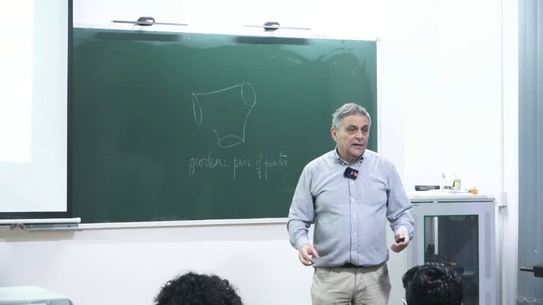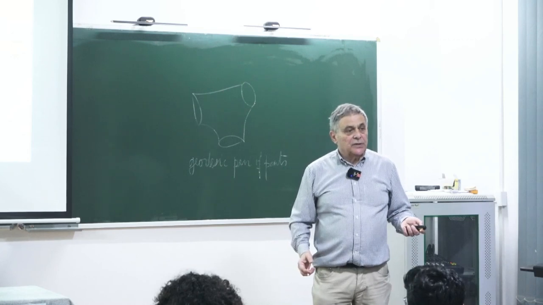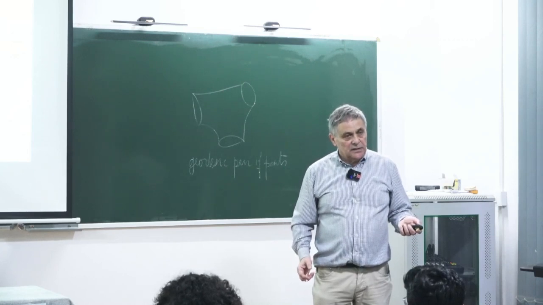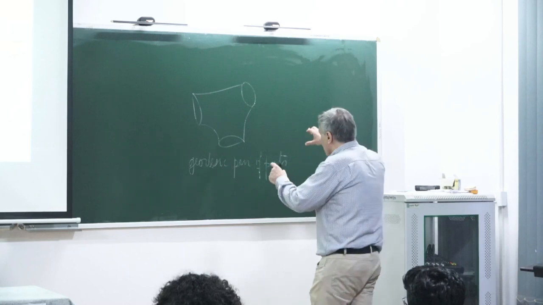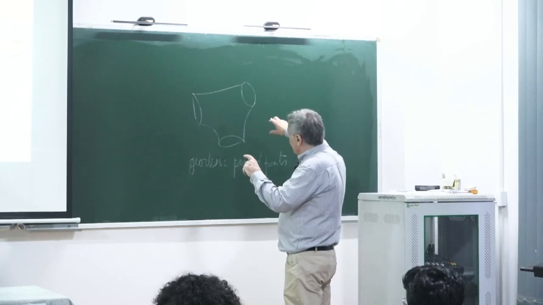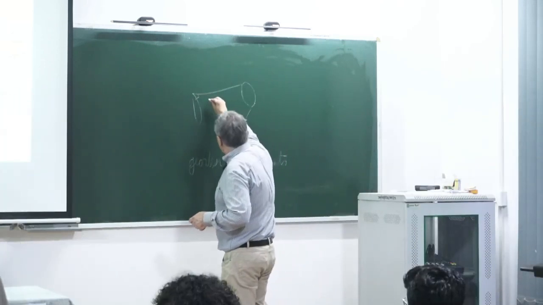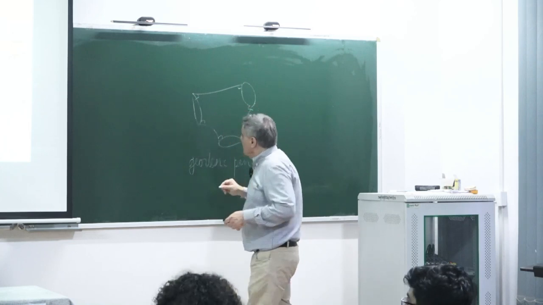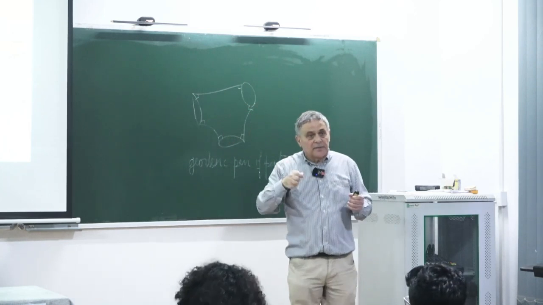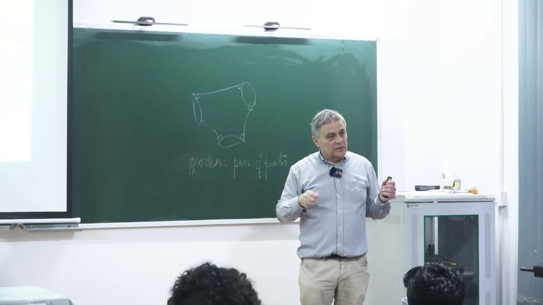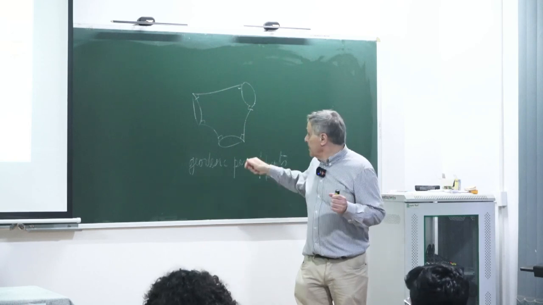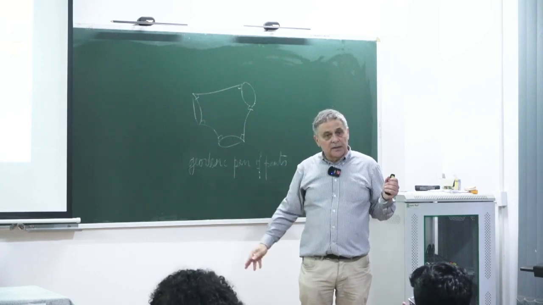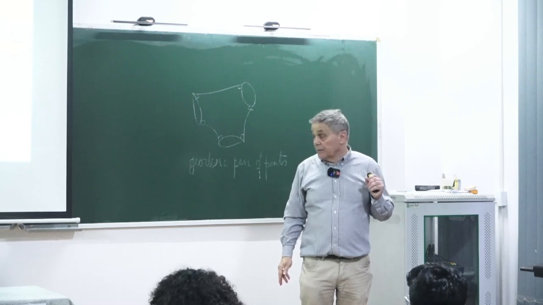I know that I have different shapes of geodesic pairs of pants. We learned the other day that, for instance, I can construct this from right-angled hexagons, and I can vary the length of the right-angled hexagons, right? And I obtain different shapes of pairs of pants with geodesic boundary.